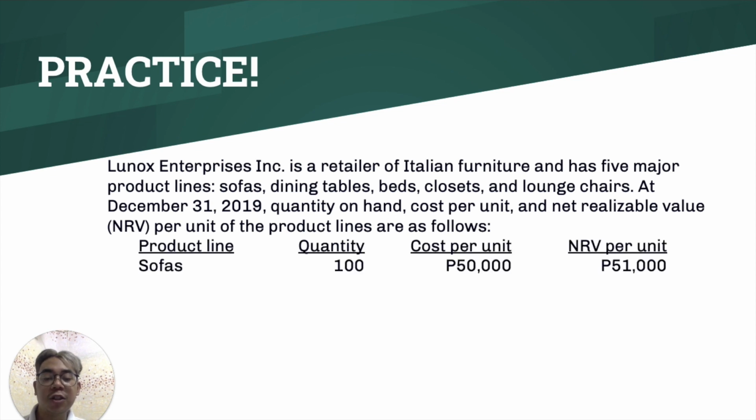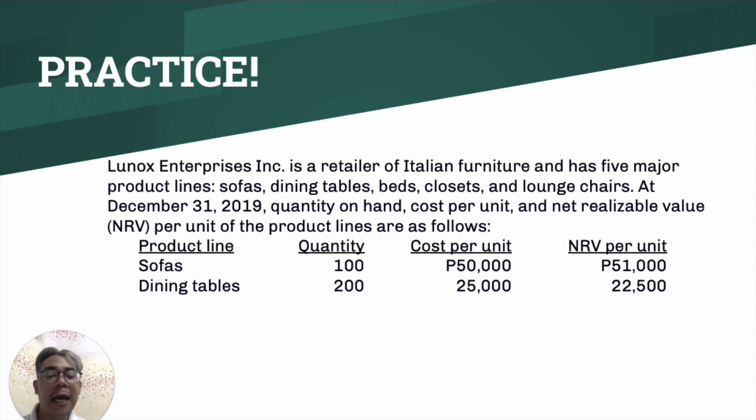For sofa, the quantity is 100, cost per unit 50,000, NRV per unit 51,000. Take note, for sofa, ang lower ay cost. So walang write down. For dining table, quantity is 200, cost per unit is 25,000, NRV ay 22,500. So mas mababa ang NRV.